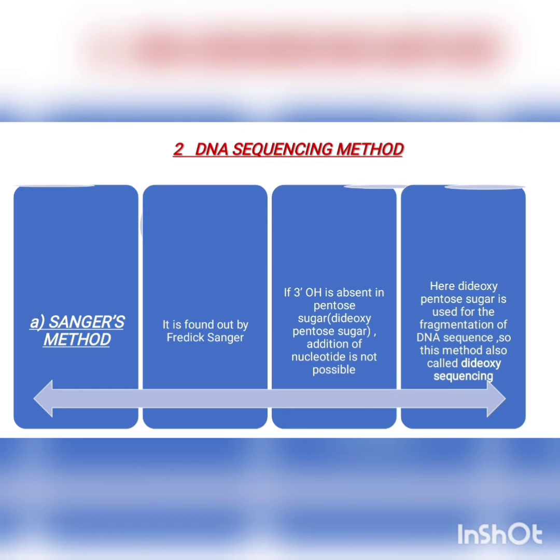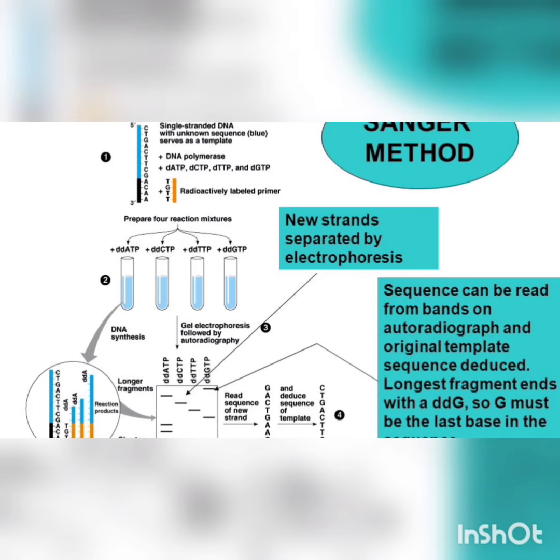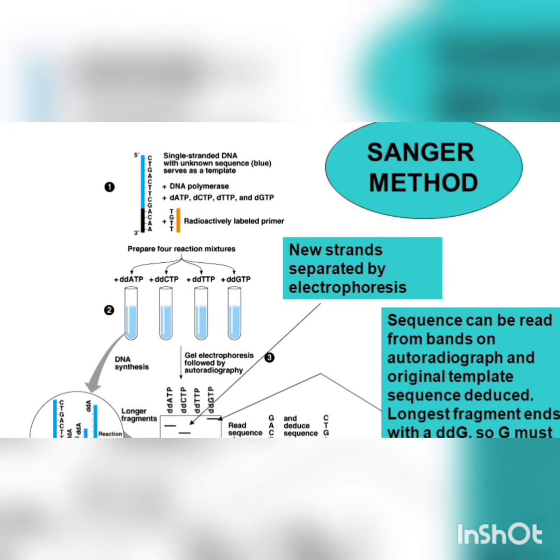This property is used in Sanger's method. Here dideoxy pentose sugar is used for fragmentation of DNA, so this method is also called dideoxy sequencing. This is the procedure of Sanger's method. First we take 4 test tubes. In the first test tube, we add single stranded DNA with unknown sequence to serve as a template, DNA polymerase, ddATP, dCTP, dTTP and dGTP.